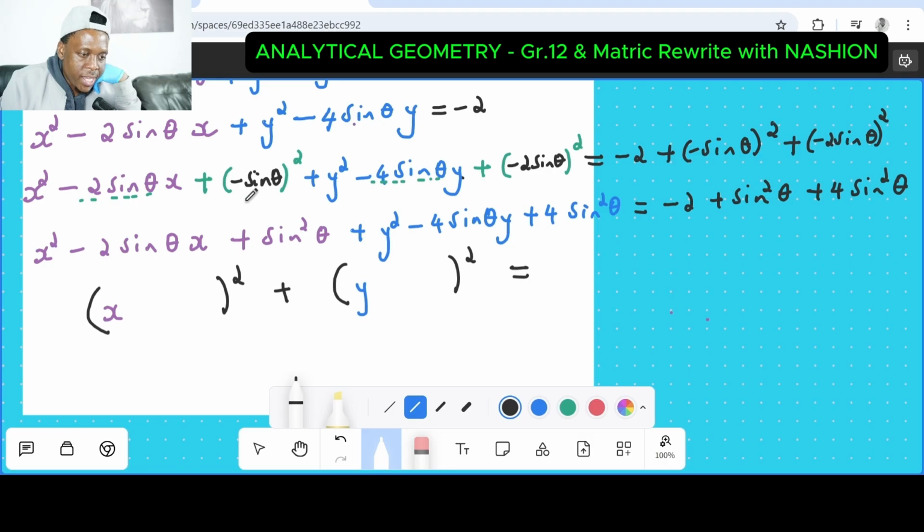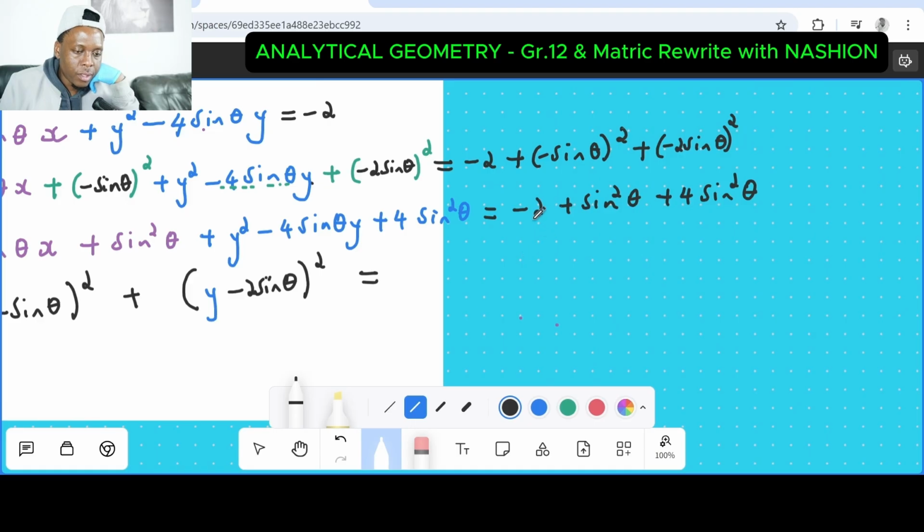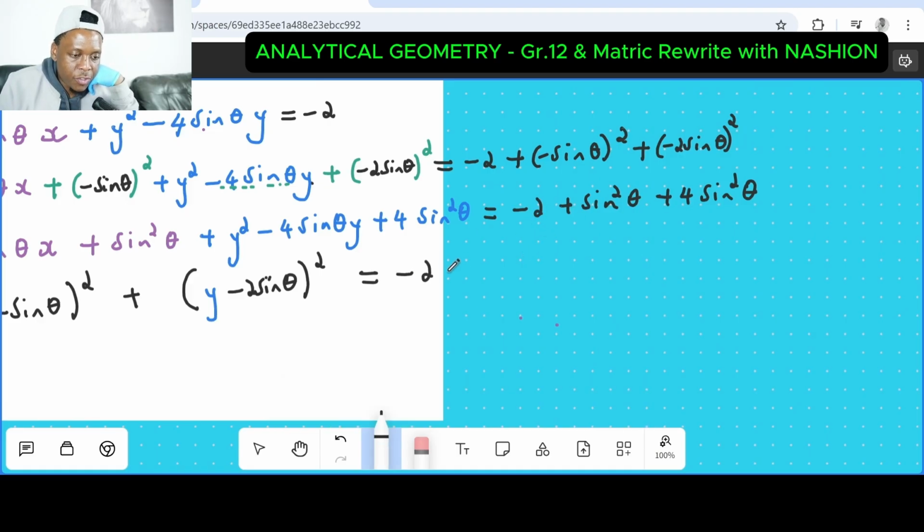Right here, we added negative sine theta and squared it. So we take it right from the brackets with a sign. So that's negative sine theta. Here, with the y's, we added negative 2 sine theta. Right hand side, we still have negative 2. We are adding like terms here. 1 sine squared theta plus 4 sine squared theta will give us 5 sine squared theta.